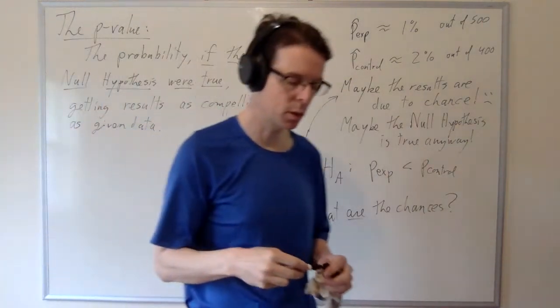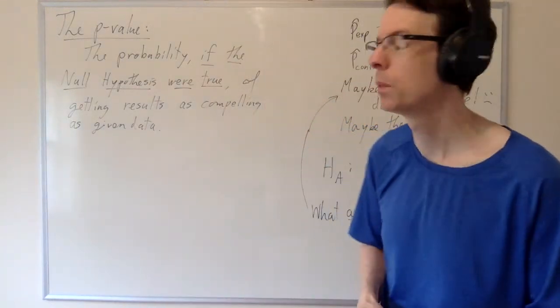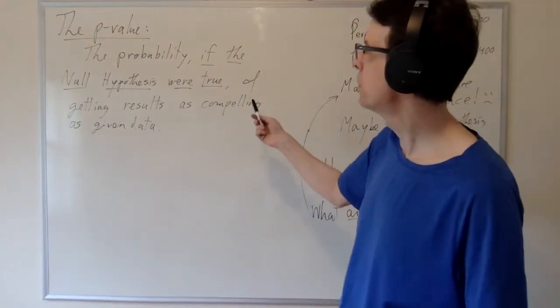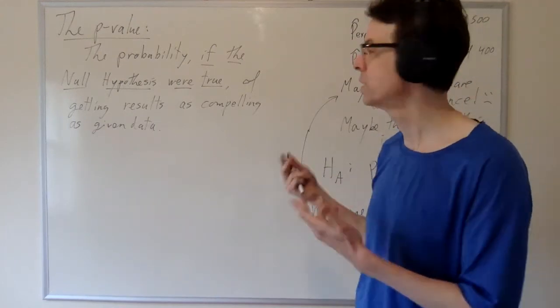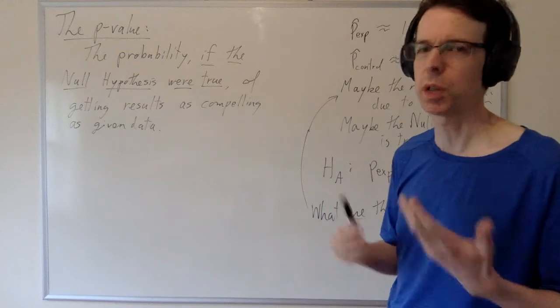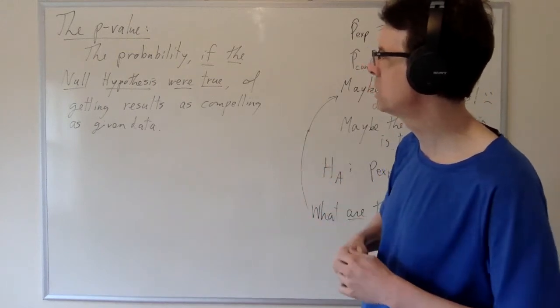It's a probability, so it's a number between 0 and 1. And it's the probability, but it's often expressed as a percentage. Like if you get 0.07, then we often express that as 7%, but that's okay. It's a probability, it's a number between 0 and 1.